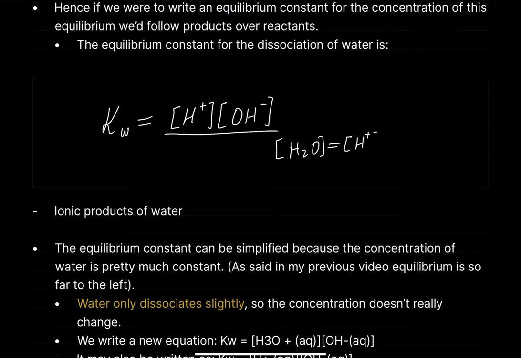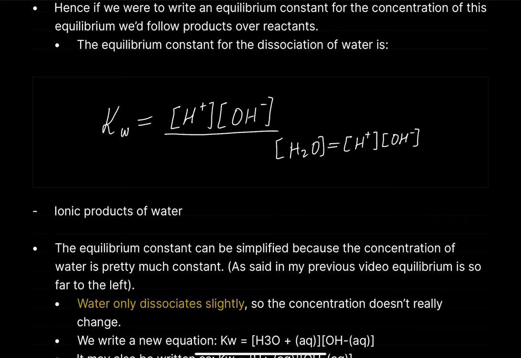And you're thinking to yourself, but David, you just said that the concentration of H2O is so great. What is actually happening in your solution is that in a pure solution of water, your concentration of H plus is equal to the concentration of hydroxide ions. So we can assume that, and if that's the case, then surely there's no point in writing H2O.